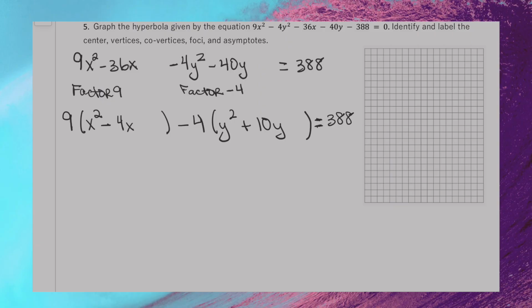Okay. I'm going to complete the square here and here, so two different places.